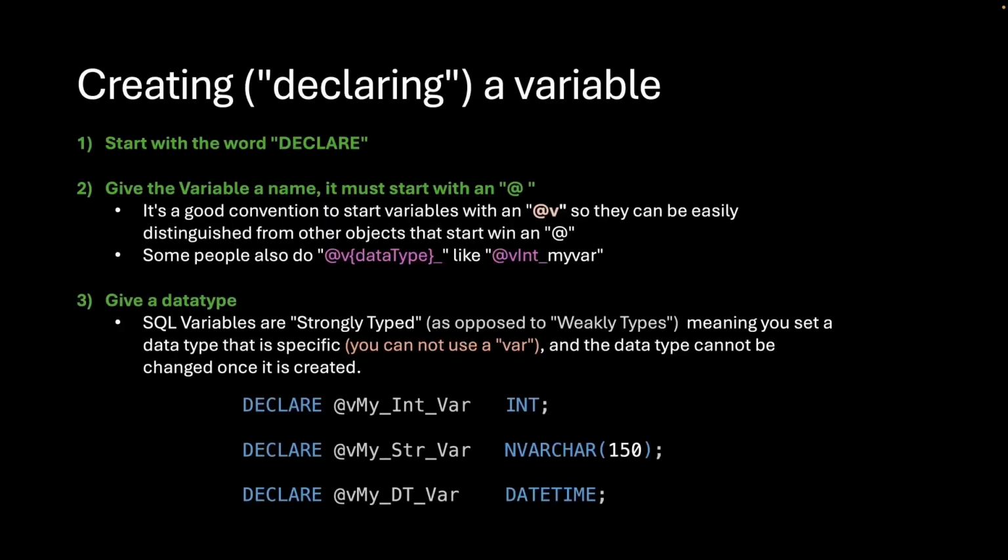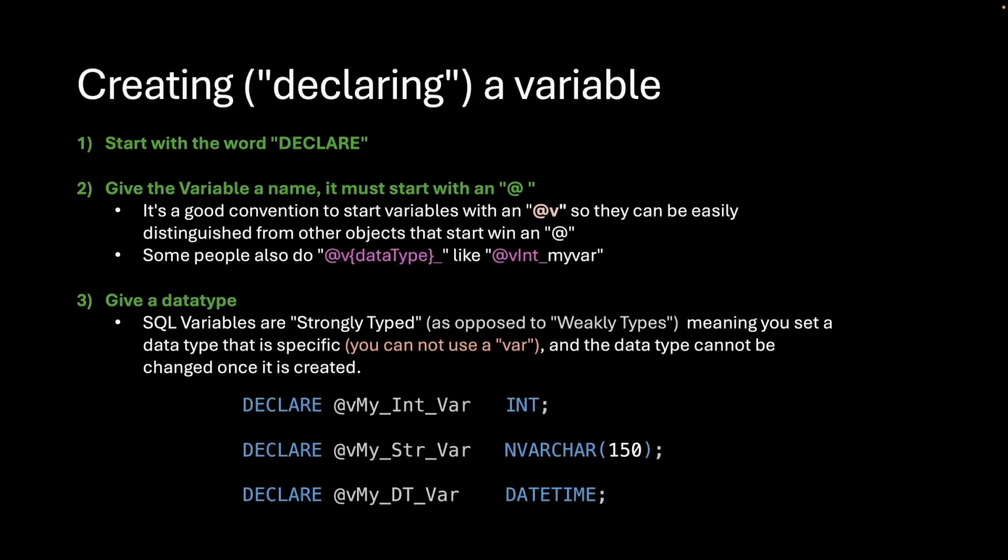Like if I say @v loan amount, I think the loan amount is descriptive enough to tell you that it's going to be a money value or at least a decimal value that's in there, right? But if that helps you with your programming, there's certainly nothing wrong with it, and it is a good way to go. Just know that the @v is pretty common, though.